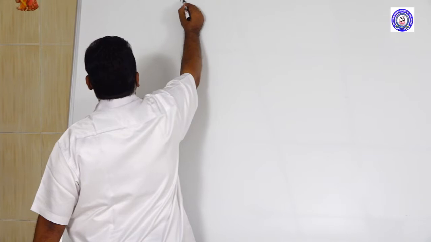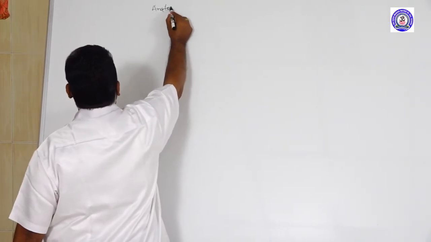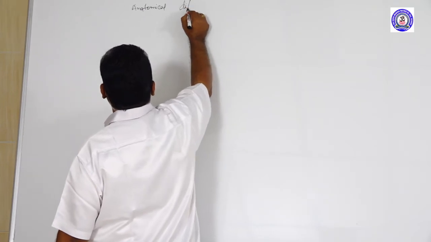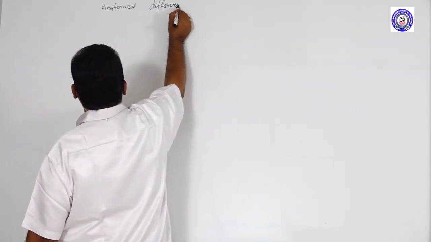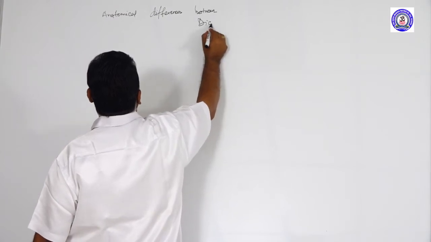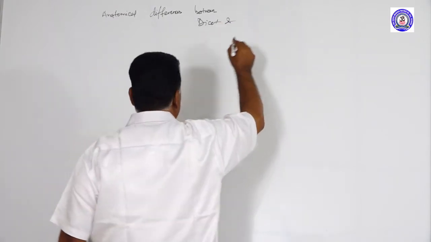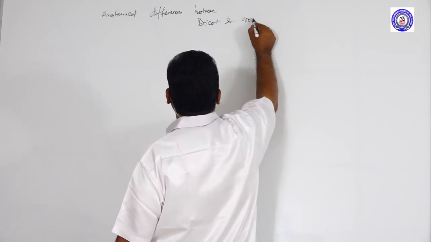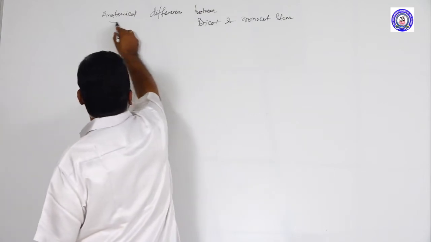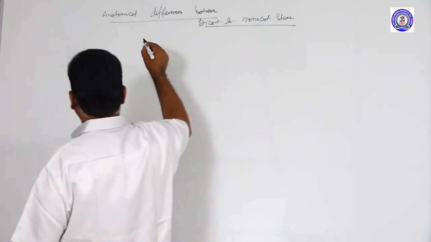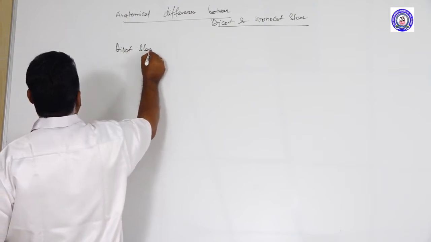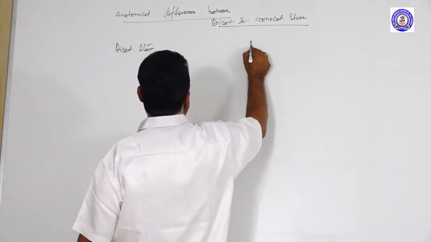So, anatomical differences between dicot and monocot stem. Dicot stem first, then the monocot stem.